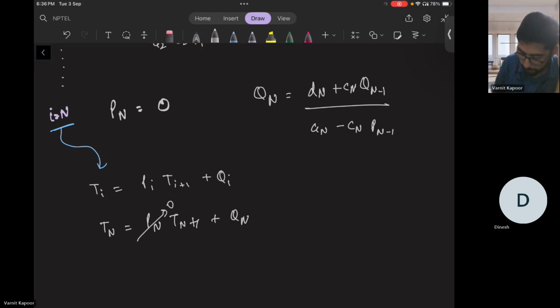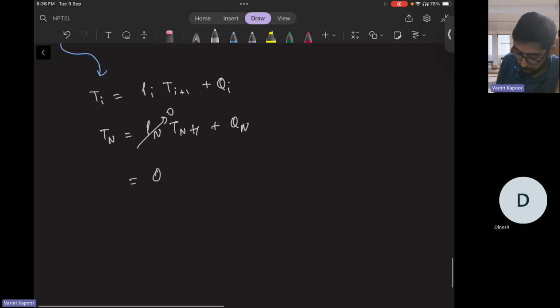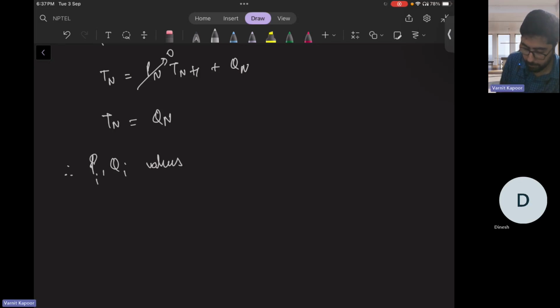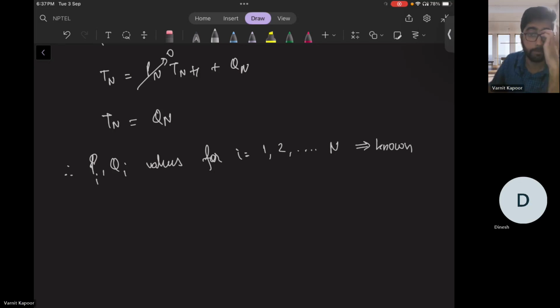Pn is 0 because Bn is 0. That is nothing but Qn. So you can say that P1, Q1, P2, Q2, all the values are known for nodes 1 to n. We got the values of all the nodes. Therefore, PI, QI values for I is equal to 1, 2, up to n are known.